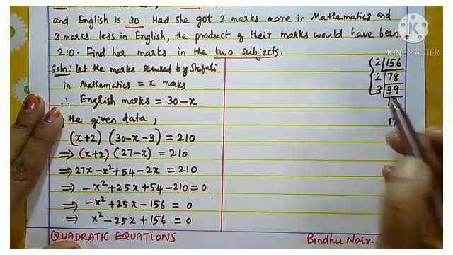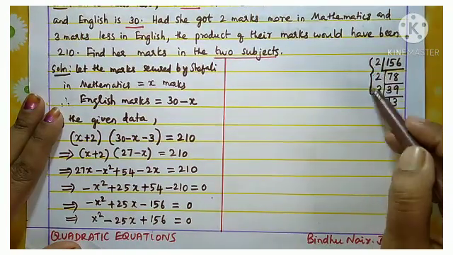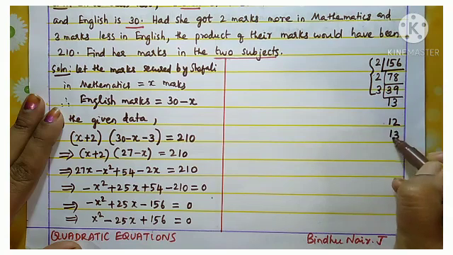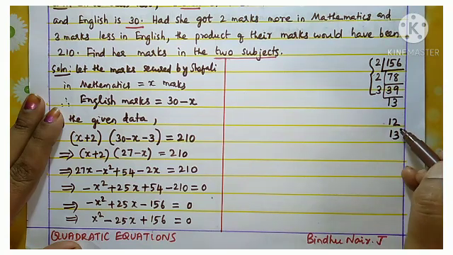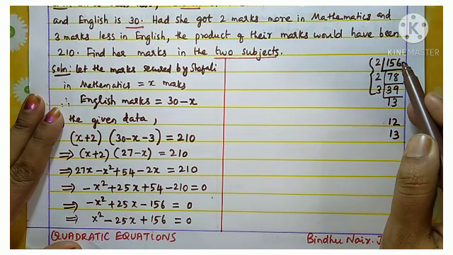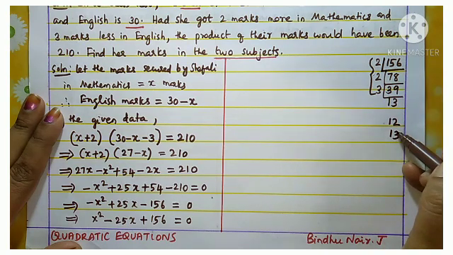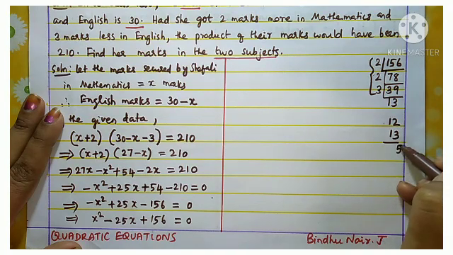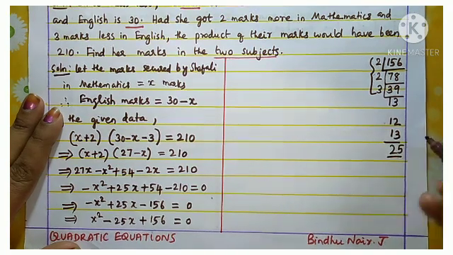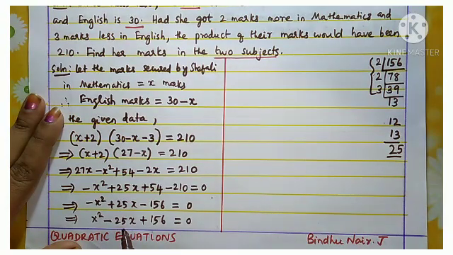So 12 is the product of these and 13 is there. Now 12 into 13, definitely the product is 156. When you add these two, the sum is 25. That is only what we want here.